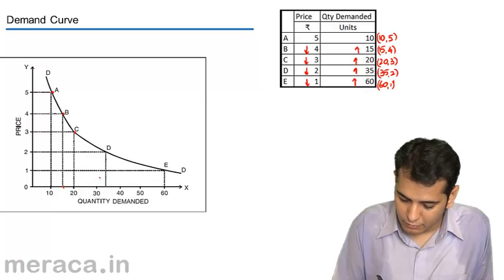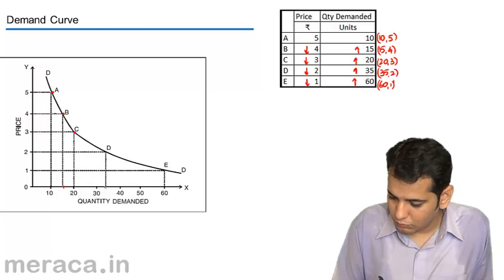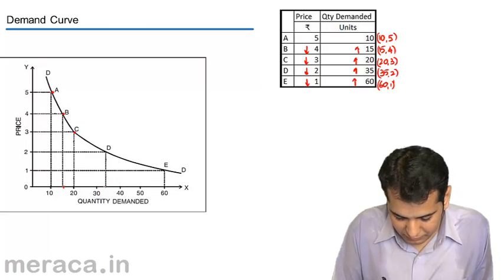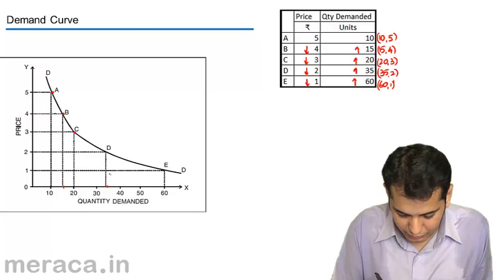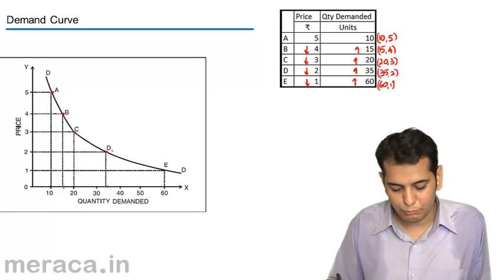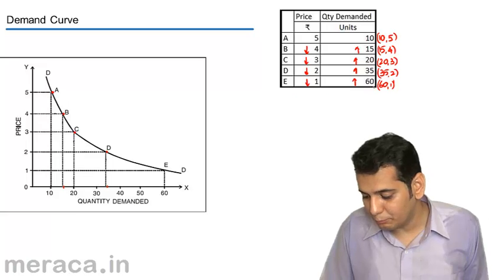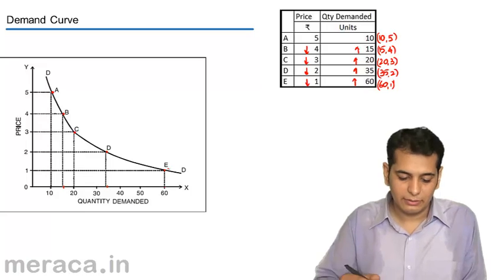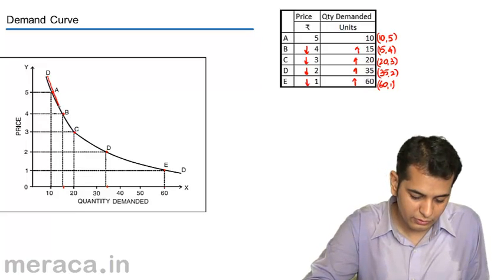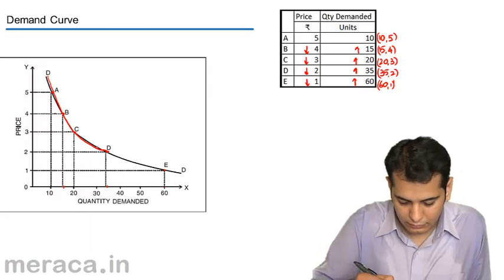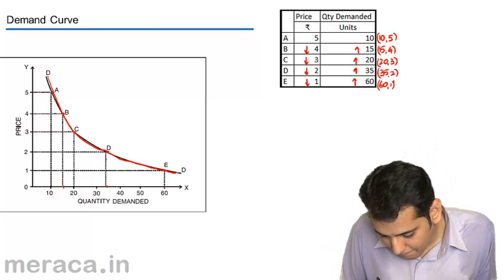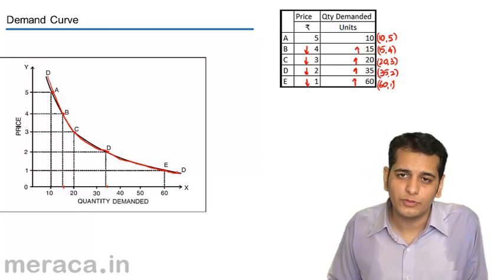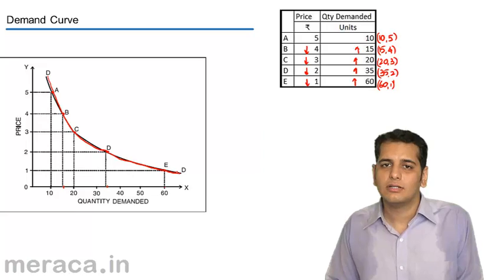Then 35 and 2. 35 is somewhere between 30 and 40, let's say here, and 2. So point D is here. And finally point E, 60 and 1. So point E is here. Then we join these points and we get a line which is in the form of a curve, and we call this curve the demand curve.